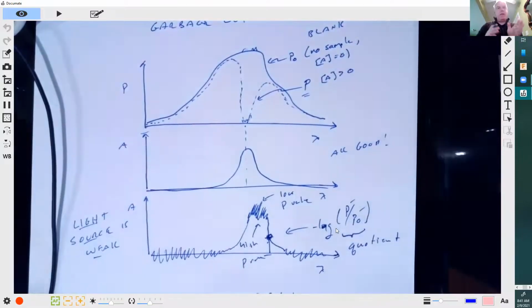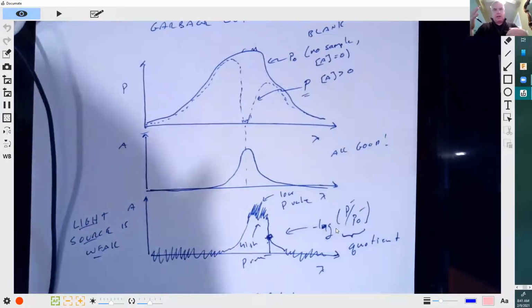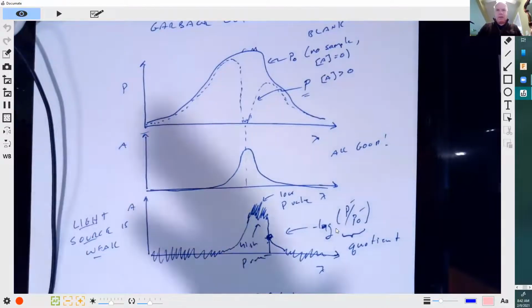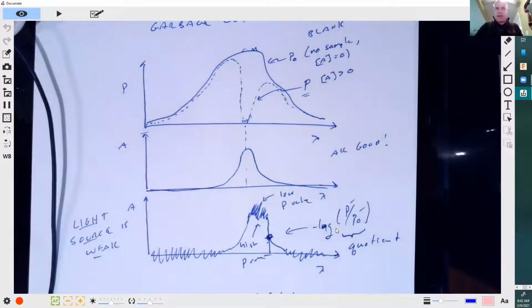You have to look and say, well, either we can't use this wavelength or we have to fix our instrument. We have to get a better light bulb or clean the optics, or use a different solvent or a different cuvette or a different detector or something like that. Does that make sense?